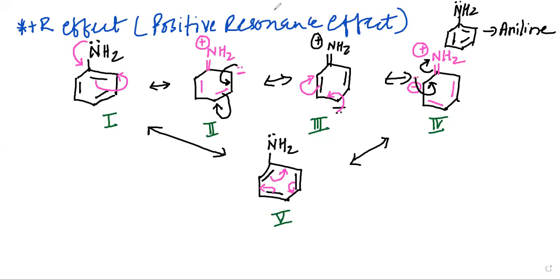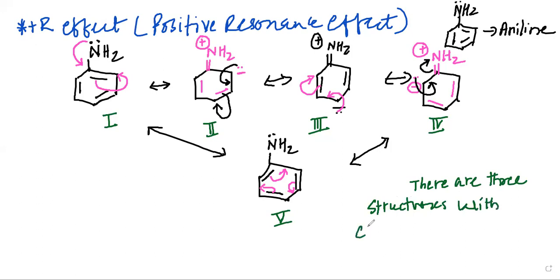Now, if you note down, my dear students, you will realize that there are 3 structures with charge distribution, with positive charge on nitrogen and negative charge on carbon.